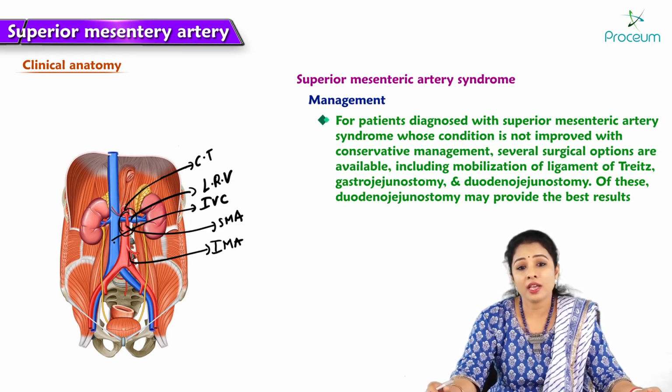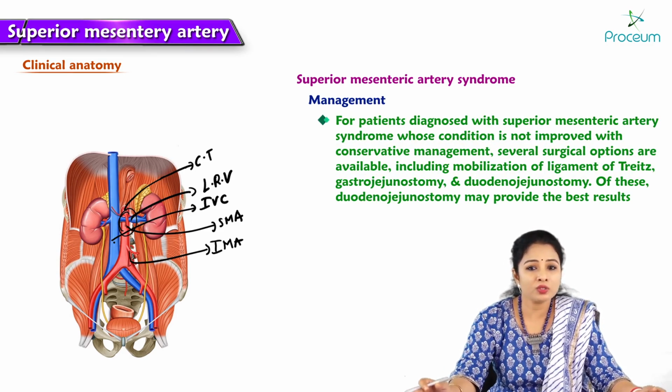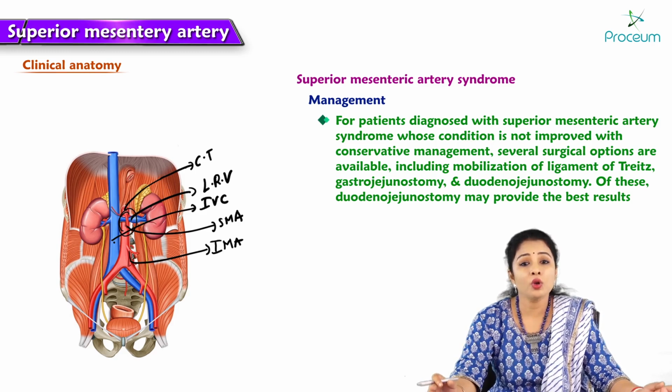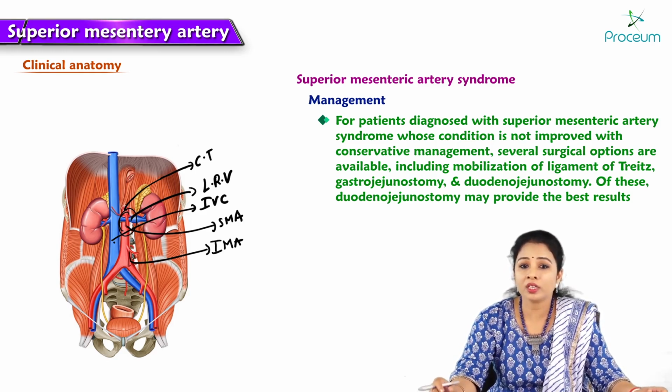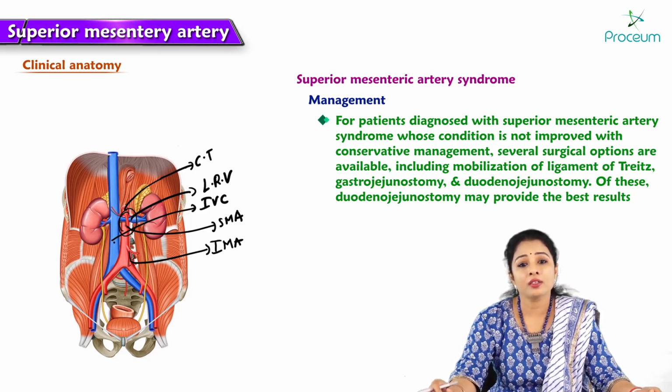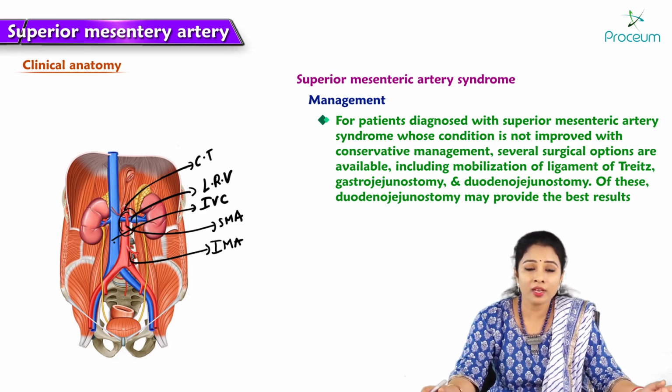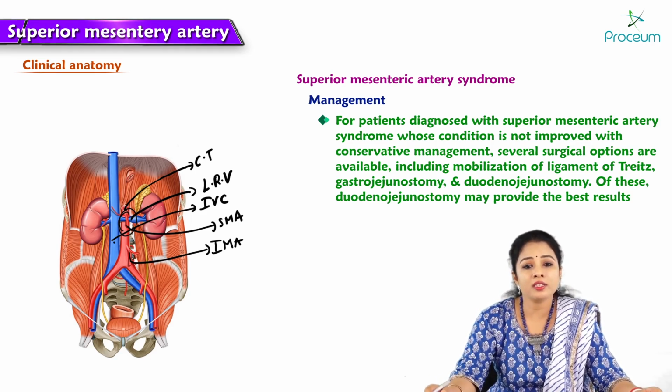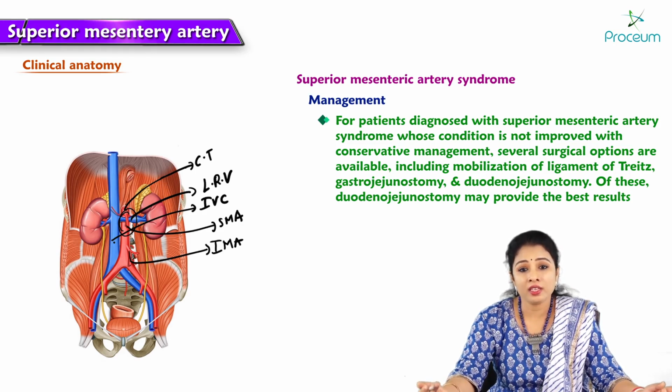For patients diagnosed with SMA syndrome whose condition is not improved with conservative management, several surgical options are available, including mobilization of the ligament of Treitz, then gastrojejunostomy and duodenojejunostomy. Duodenojejunostomy may provide the best results.